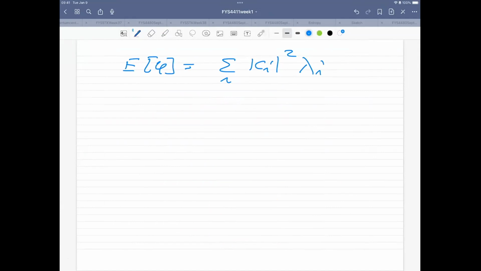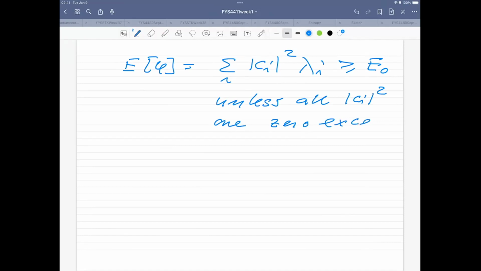And we know that unless the coefficients are equal to 0 for all except i equal to 0, then this quantity here has to be larger than E0, unless all c_i squared are 0 except c_0, because then lambda 0 is equal to E0.